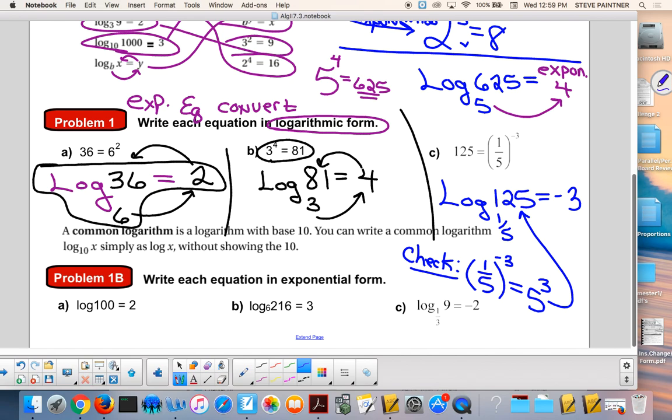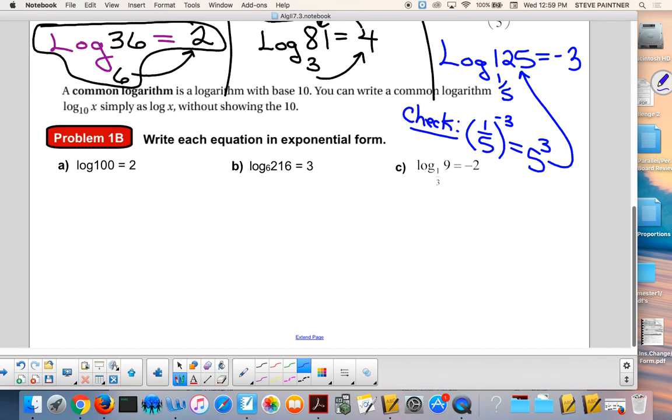All right, this bottom section is the opposite. You're given log equations. Convert them to what? Exponential. But there's something I haven't read to you, and it's right here. See those two words? Common log. What's a common log? A common log is a logarithm with base what? 10.